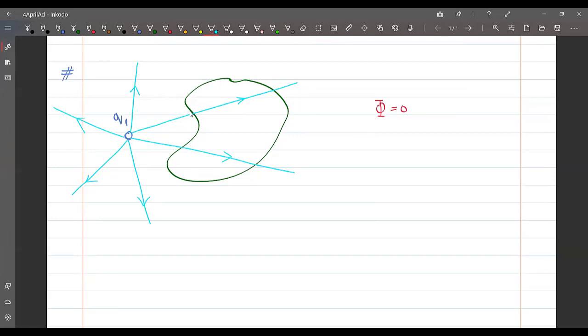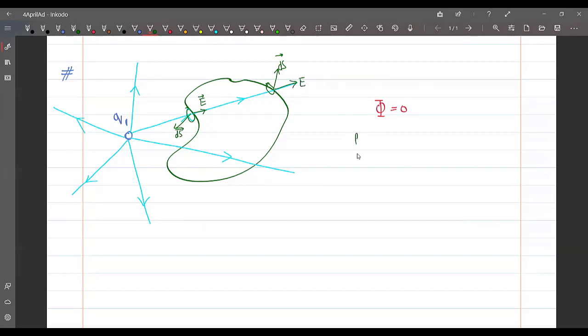So see, at this point, if I write a ds, let us say ds is like this. This is the ds vector, this is the E vector. And again, here it will be another ds, let us say like this, ds vector, and this is your E vector.